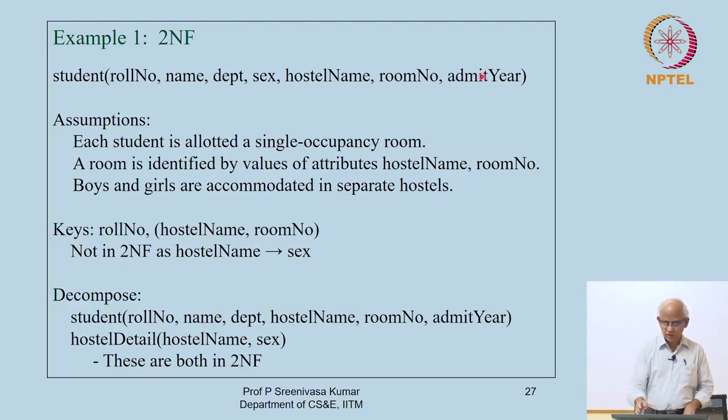The earlier relation was not in second normal form, and we have done a decomposition and ensured that the trouble making functional dependency is in a new relation, and with that we have been able to get two relations that have the same information, and both of them are in second normal form. Okay.